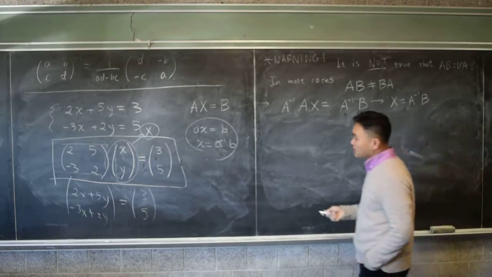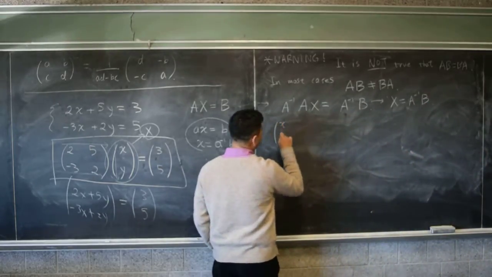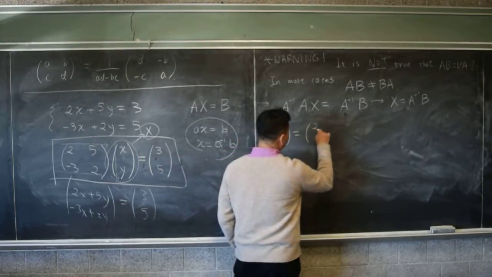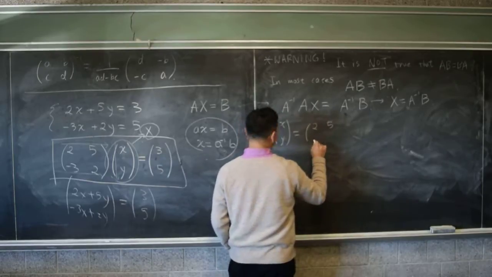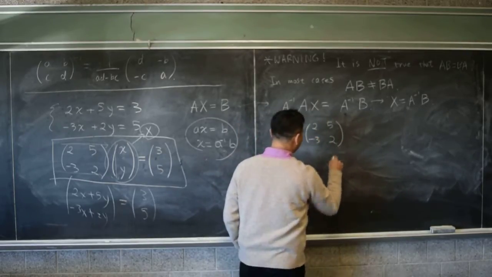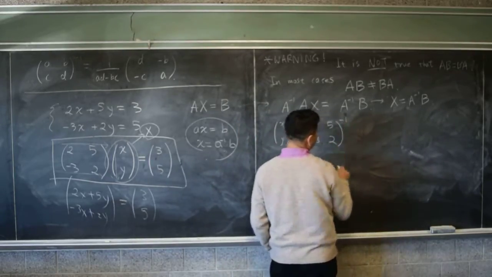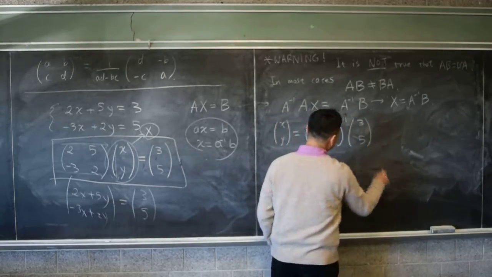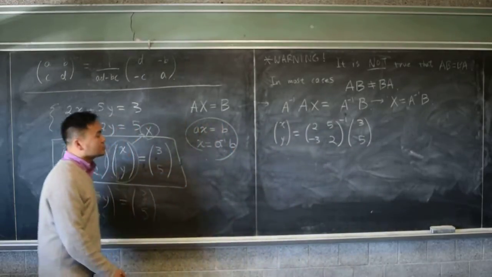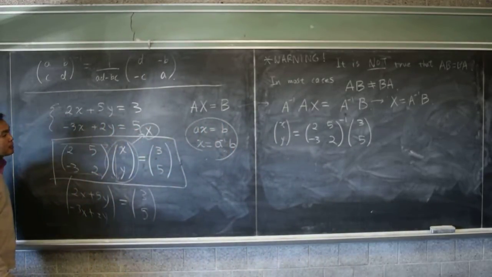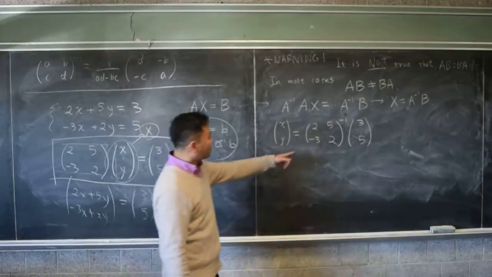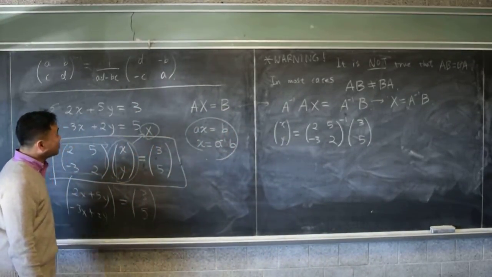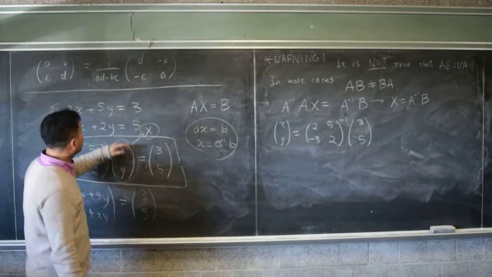So let's calculate it. We know that xy must be the inverse of 2, 5, negative 3, 2, times the two numbers 3 and 5. And for this one, we will be using this formula.